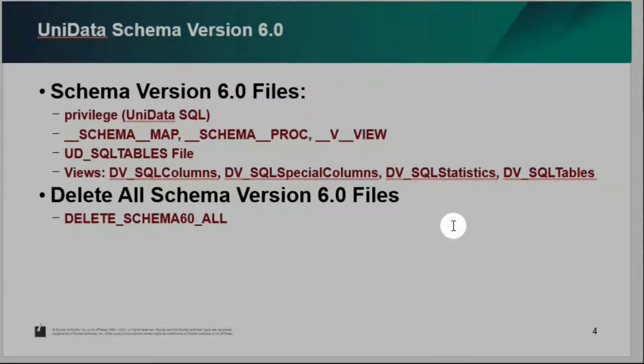You can run VSG or the schema API to recreate it. But before you run this command, please make sure you have a backup, so when you have a problem, you can restore the schema files back to the original.